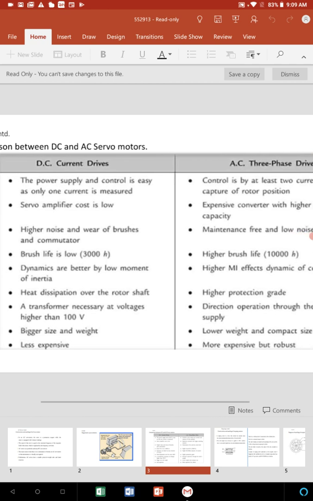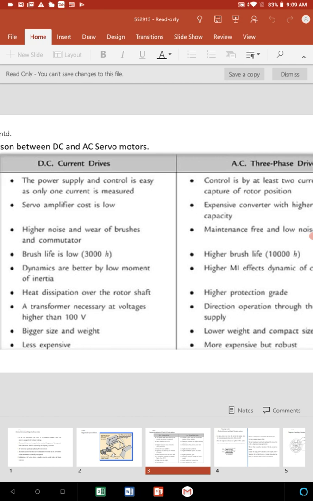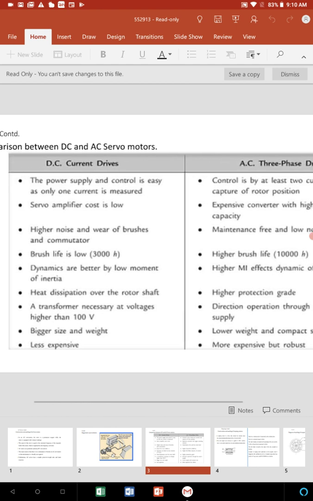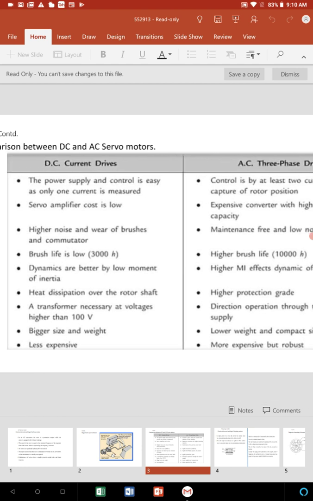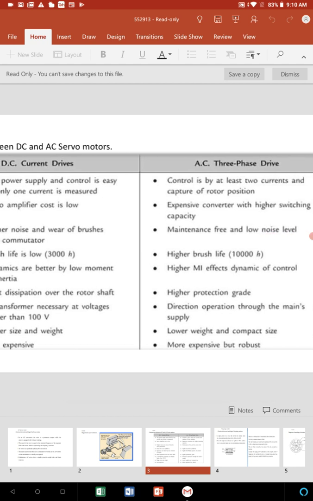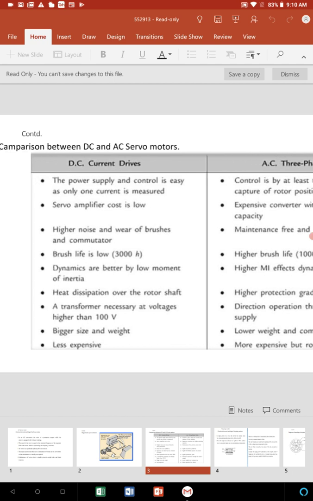Regarding brush life, as brushes are present, it is low in the case of DC and it is high in AC. Heat dissipation is over the rotor shaft, whereas in the AC there is a higher protection grade. In the same way, a few points are there that you can go through regarding size and weight, expenses, and transformer necessary voltages, etc.